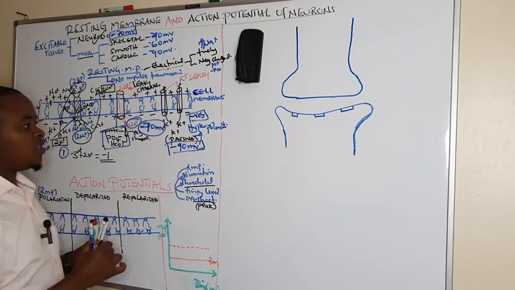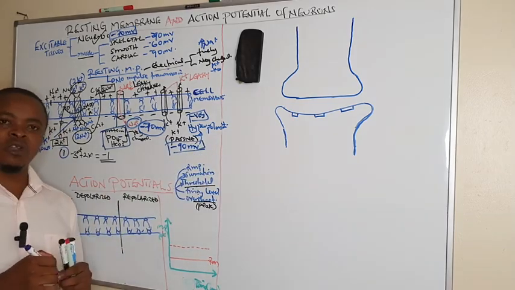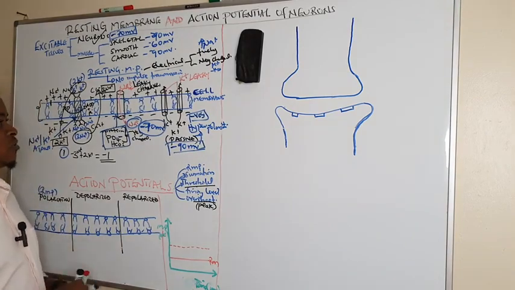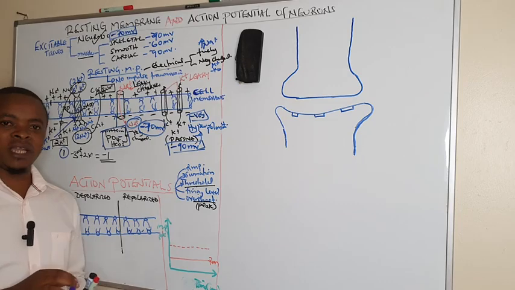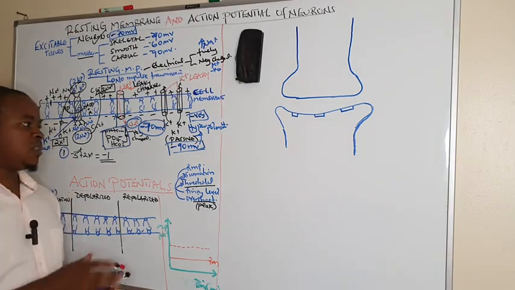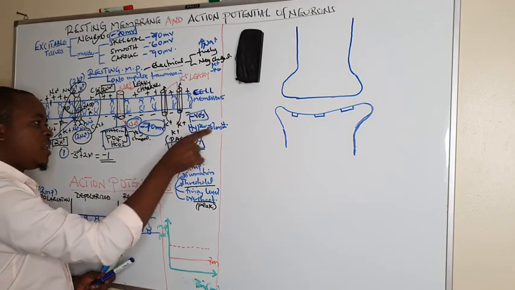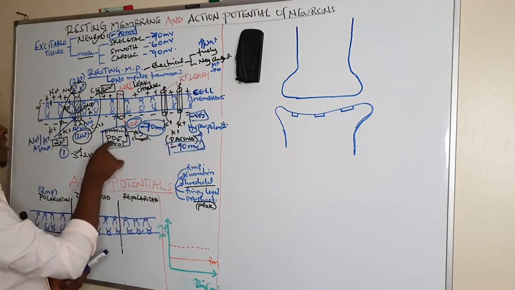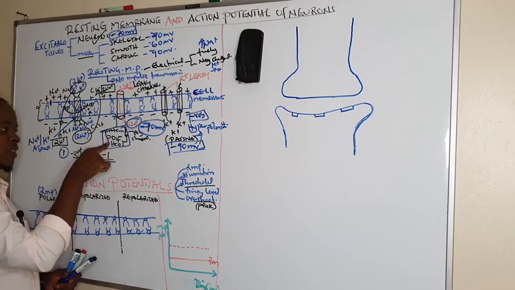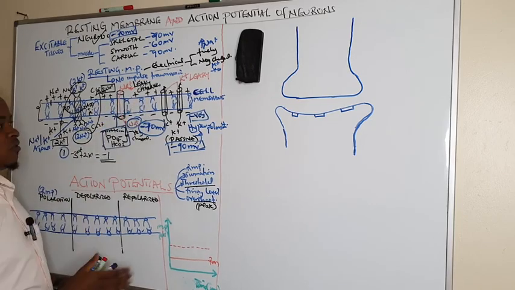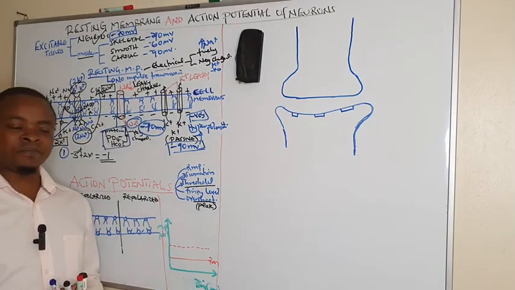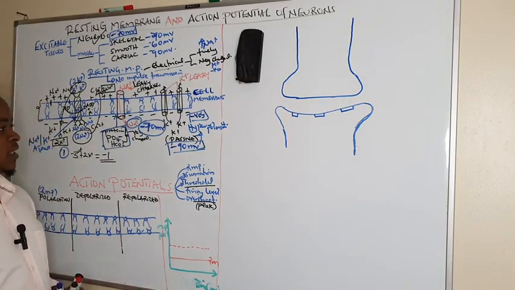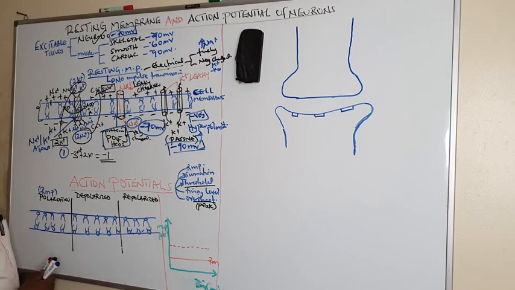So hyperpolarization can be due to leakage of potassium ions passively via leakage channels, together with failure of the negatively charged substances like proteins and phosphates to leak out of the cell because they are large in size. So that is how we can talk about it.